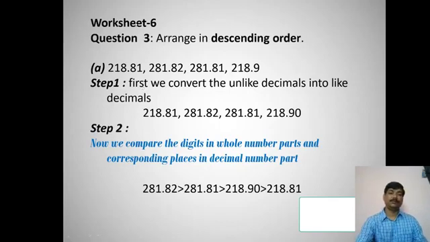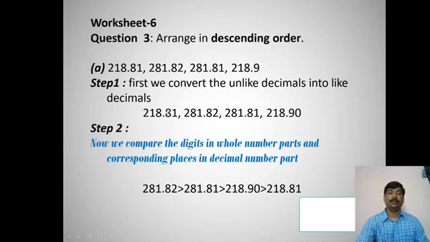You have to make them like decimals. The maximum number of digits is 2. So you have to make the number of digits 2 in the decimal part. These are the numbers having 2 digits in the decimal part.